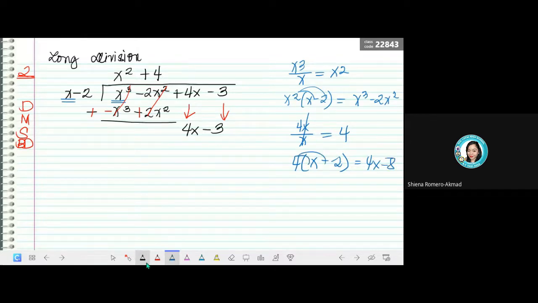So, sulat natin dito: 4x minus 8. So, subtract. Change the sign. Proceed to addition. So, this will be 0. And negative 3 plus 8 is, ano yung magiging answer natin dito? Negative 3 plus 8.